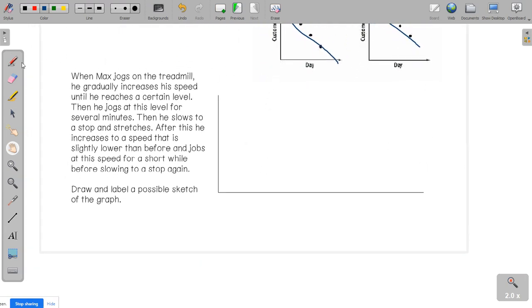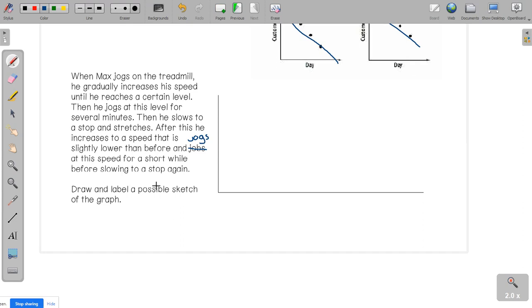Okay, this last one. When Max jogs on a treadmill, he gradually increases his speed until he reaches a certain level. Then he jogs at this level for several minutes, then slows to a stop and stretches. After this, he increases to a speed that's slightly lower than before and jogs at this speed for a short time.